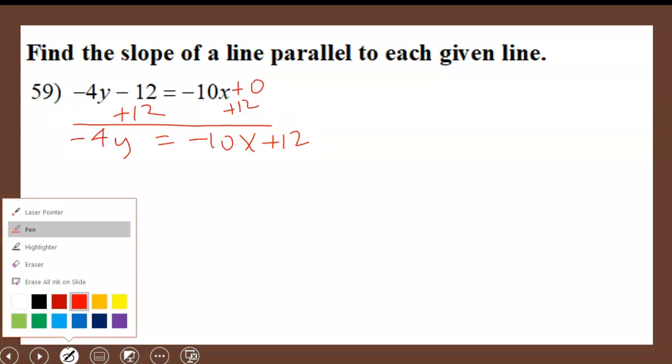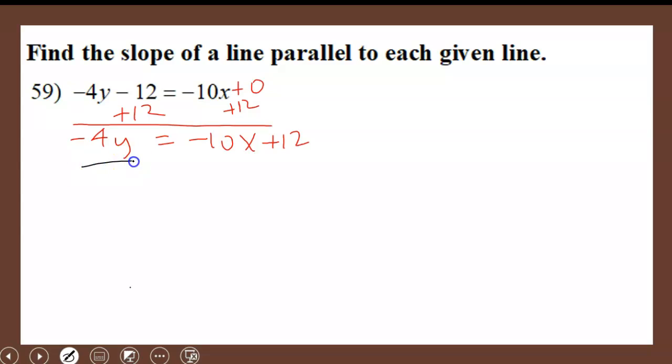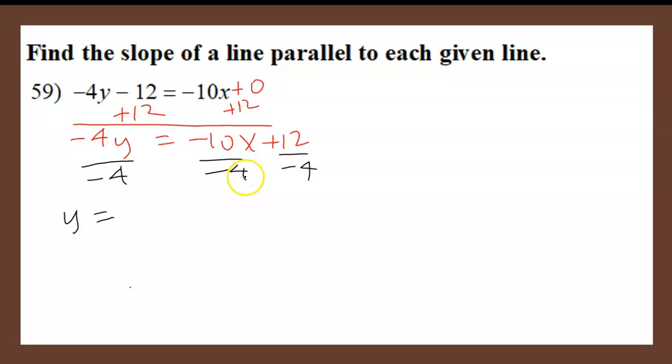And then we can divide everything on both sides by negative 4. So y equals, okay, negative divided by negative is positive. 4 divided by 2 can go, 10 divided by 2 is 5, 4 divided by 2 is 2. So we have positive 5 halves x.